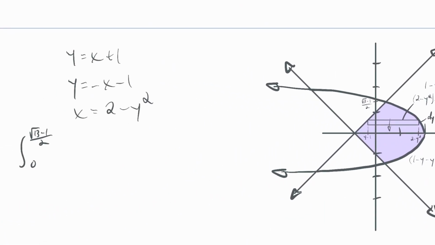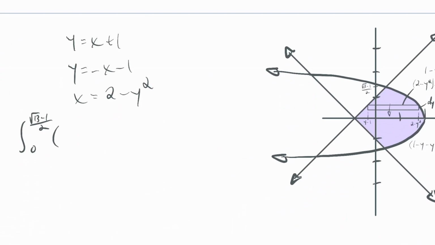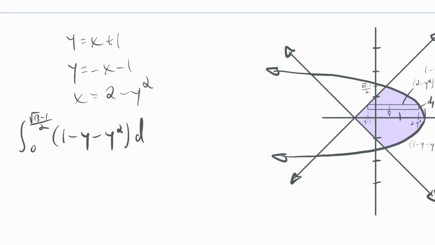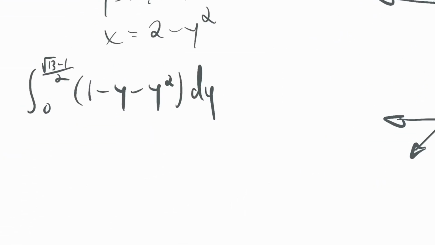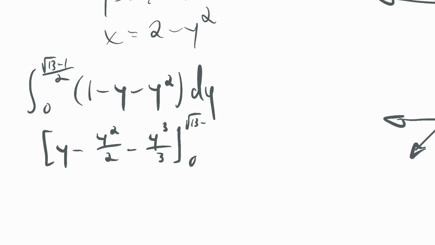Okay, there we go. One integral. You are stuck with that messy number, but there's only one, so it's not so bad. So y minus y squared over 2 minus y cubed over 3, from 0 to root 13 minus 1 over 2.